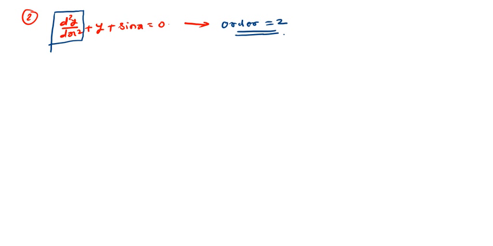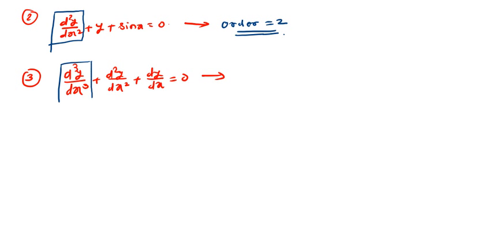Third example, d3y by dx cube plus d2y by dx square plus dy by dx is equal to 0. Again the highest ordered derivative involved is d3y by dx cube, so the order of this differential equation will be 3. I hope it is clear now.